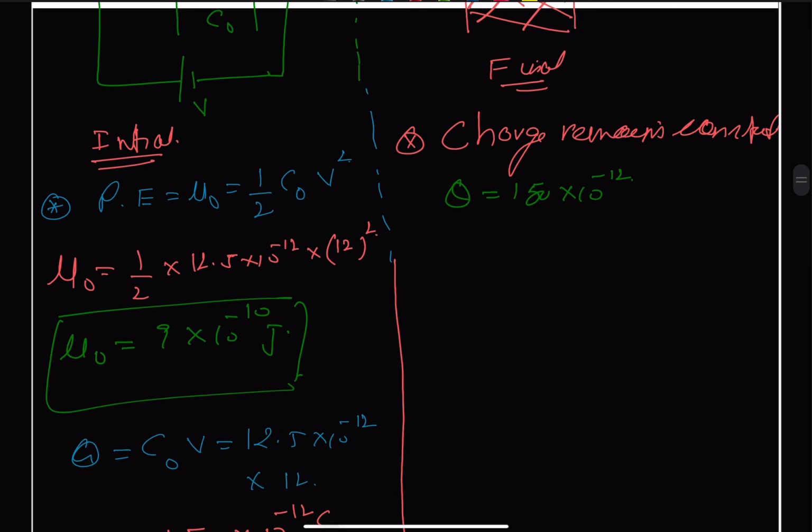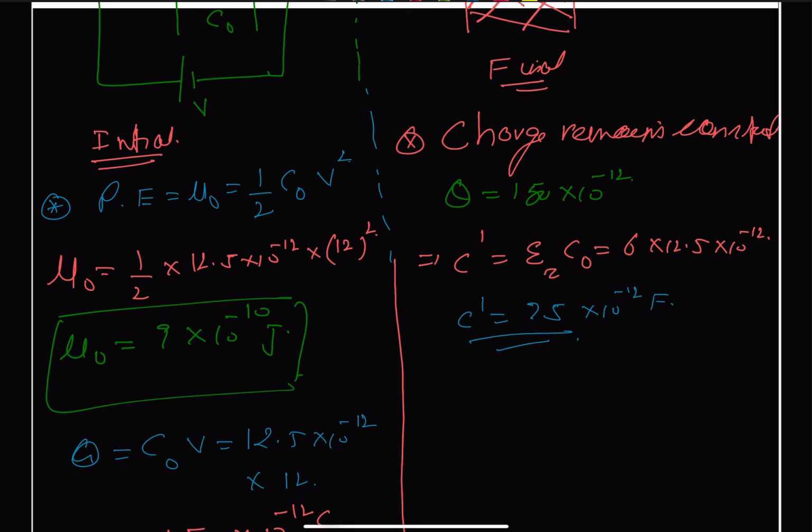So we can easily say our C prime will be equal to the dielectric constant multiplied by C naught. Dielectric constant is given as 6, so 6 into 12.5 into 10 to the power minus 12. So we get C prime equal to 75 into 10 to the power minus 12 farads.